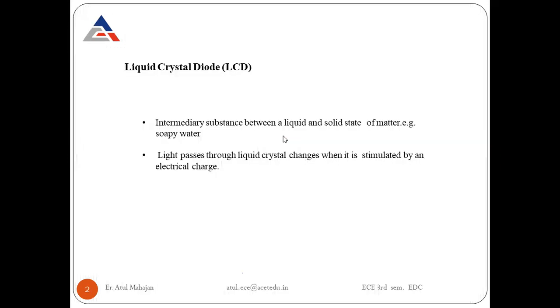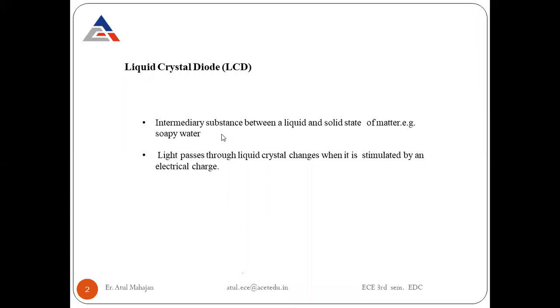So let's start with the introduction of the LCD, or liquid crystal display. A liquid crystal is an intermediary substance between a liquid and a solid state of matter. Example, soapy water.